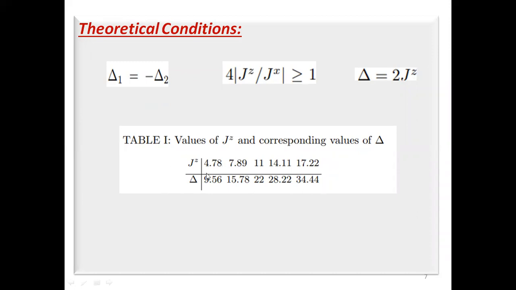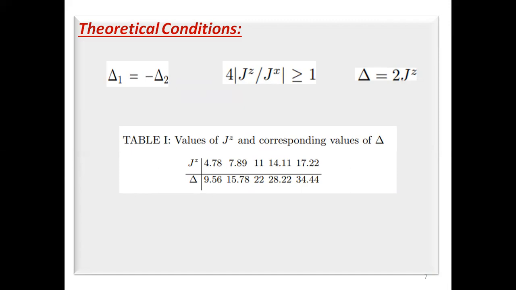And in this table, you can see by only following certain parameters for this JZ, like 4.78, 7.89, only at these values, the message will get transferred to either the first output qubit or the second output qubit successfully. I mean, with 98% probability. For example, we have here 4.78.